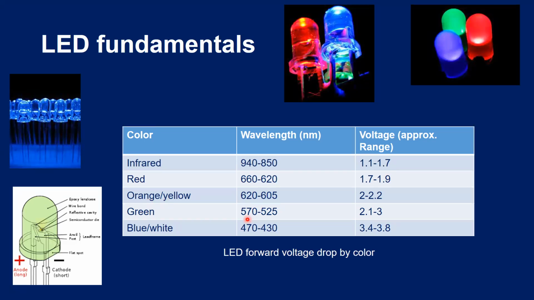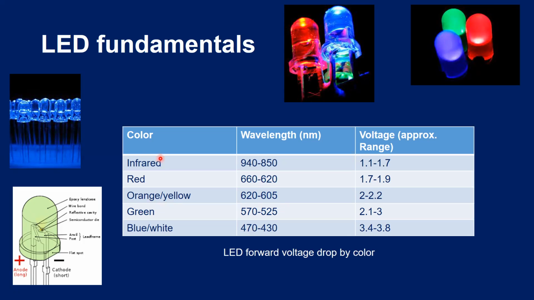For the green, the wavelength is decreasing from 570 to 525, and the forward voltage drop is 2.1 to 3. It is increasing as compared to the previous one. And finally, if your LED is a blue or white color, it is in the wavelength of 470 to 430 nanometer, and the highest voltage drop that you'll get is from 3.4 to 3.8.